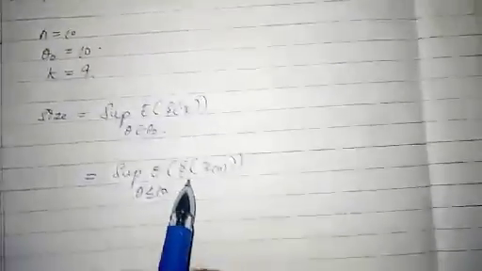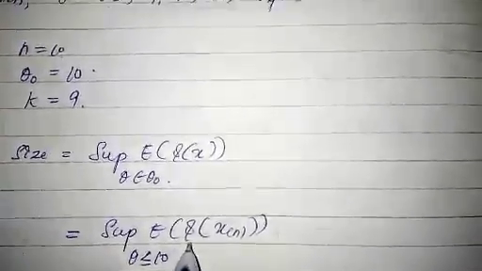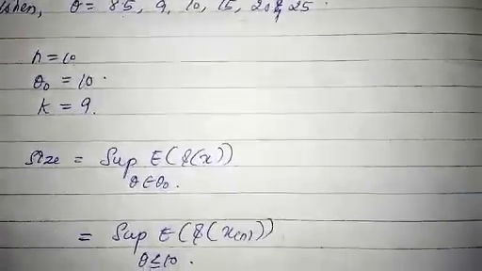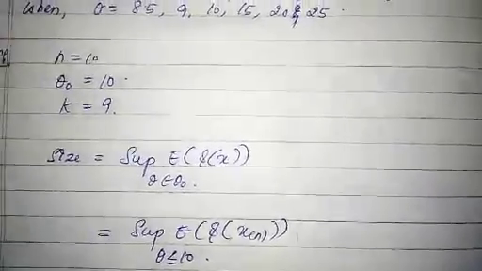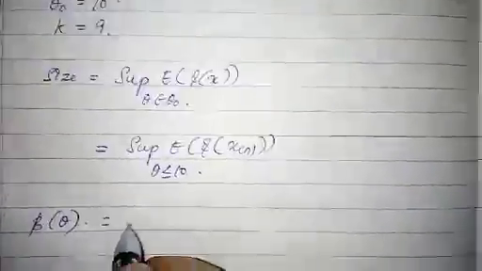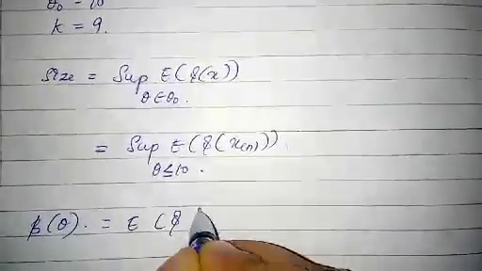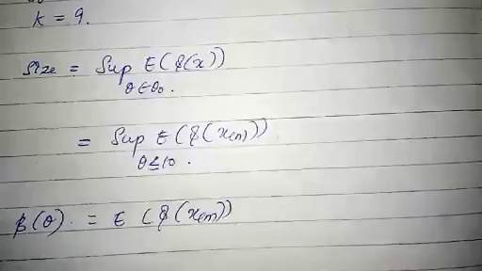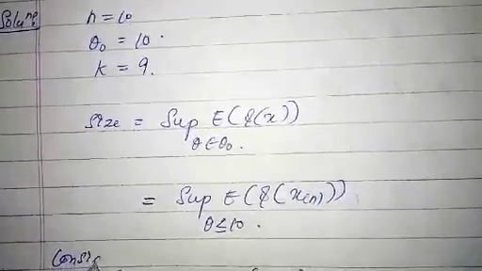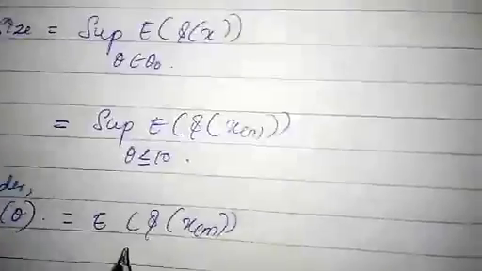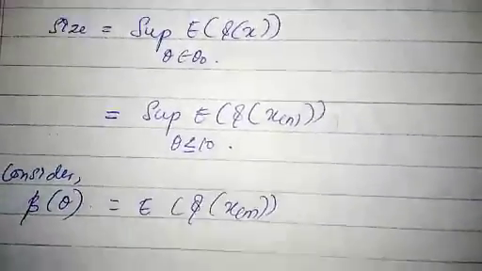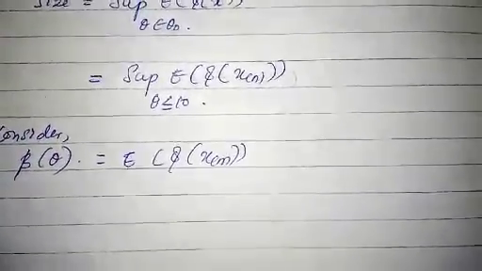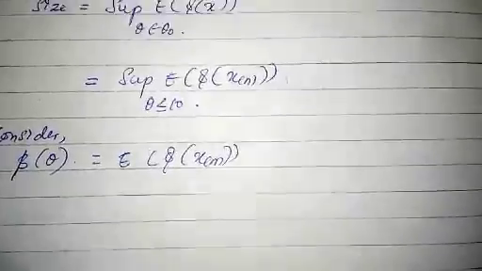So for that, first you take expectation of phi of Xn as beta of theta. Beta of theta equal to expectation of phi of Xn. Okay, so here consider beta of theta equal to expectation of phi of Xn, right?